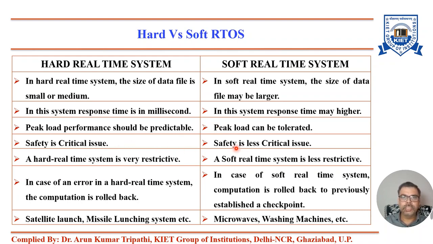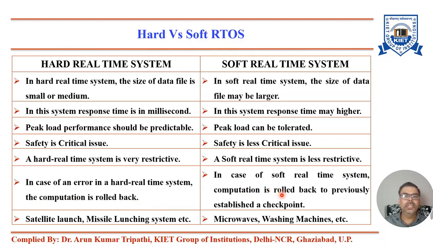In a hard system, safety is a critical issue. Here, safety is also an issue, but less critical. Hard real-time systems are very restrictive. Here, they are less restrictive. In case of an error in a hard real-time system, the entire computation is rolled back.